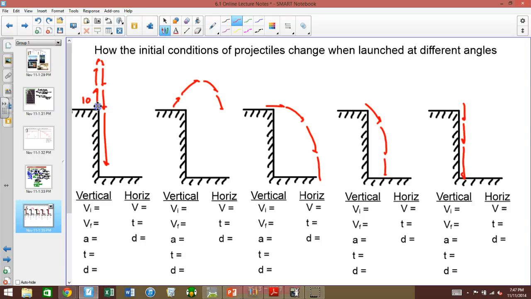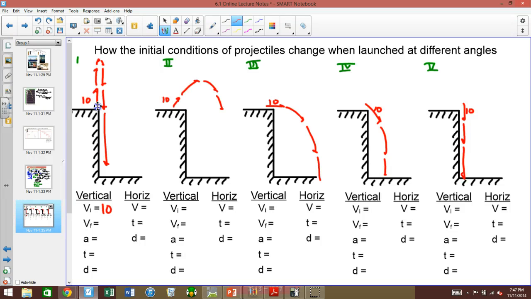For instance, let's say that in every case they're launched at 10 meters per second. I'm going to give these all names. I'll call this case 1, case 2, case 3, case 4, case 5. First of all, in case number 1, I'm launching it completely vertical.